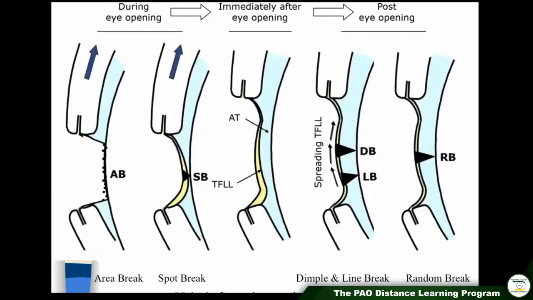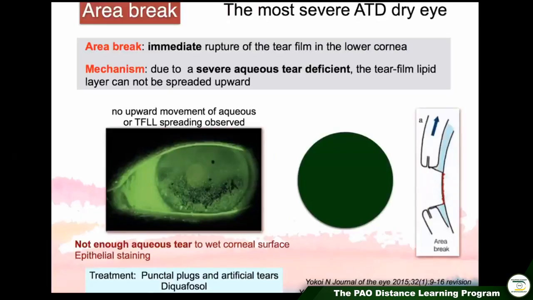There's a whole physics to all of this. Just to let you know, first is the area break. Area break is basically when they open the eye, there is no complete tear film, and there are many dark areas because there is no fluorescein there.